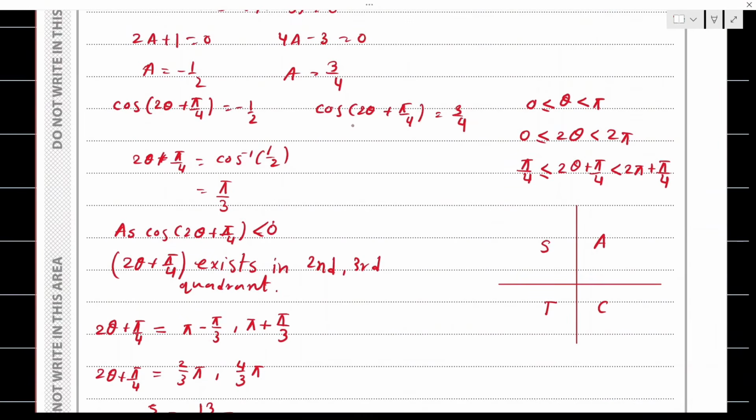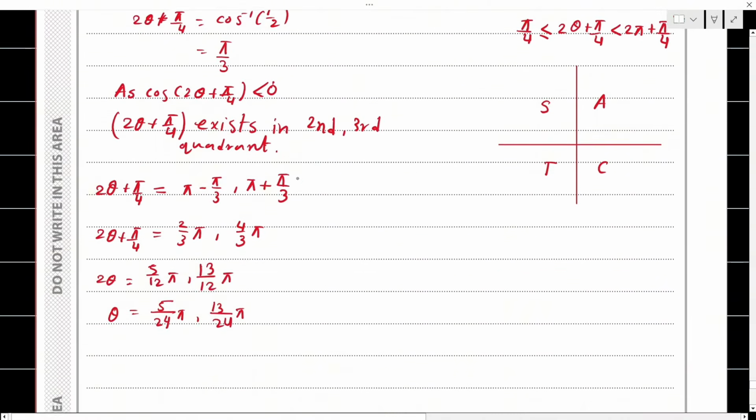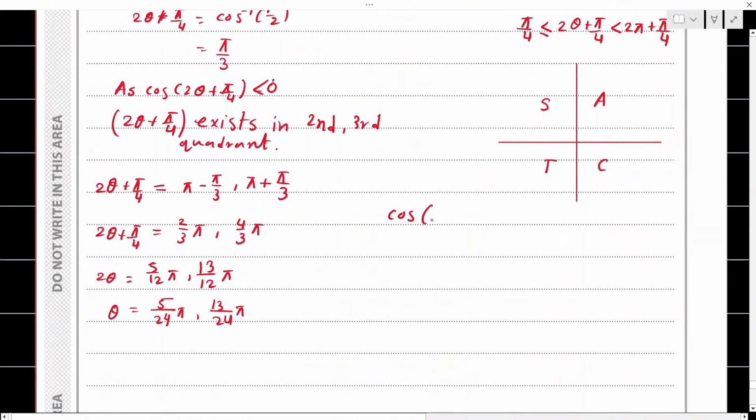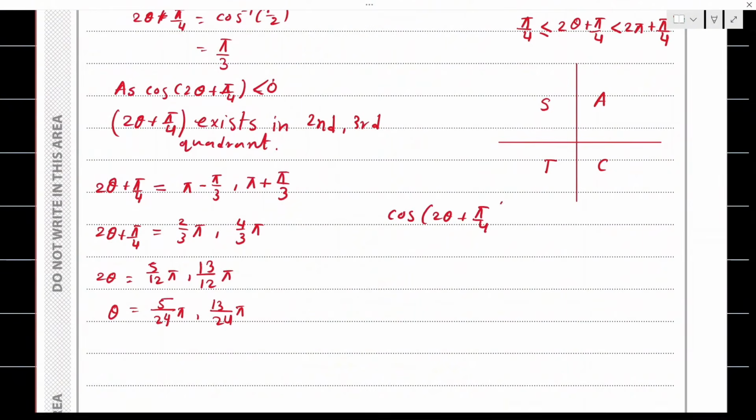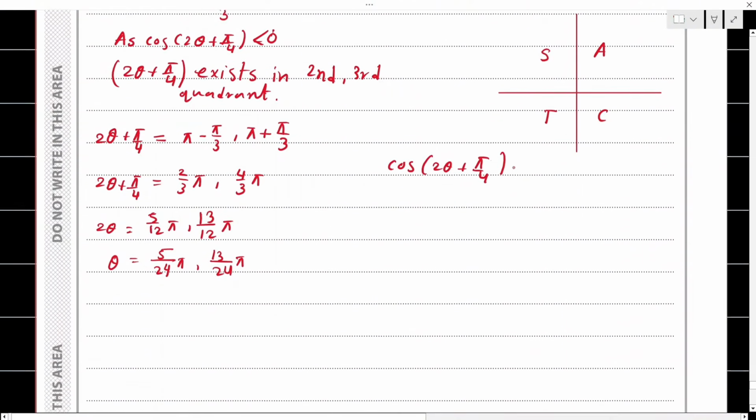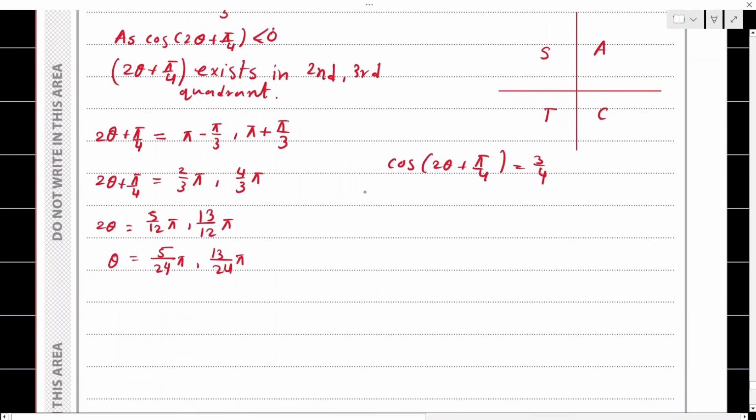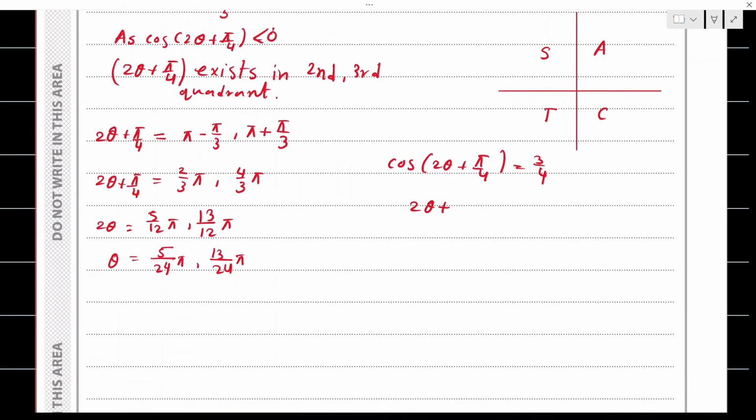Now for our second expression, we can solve it down here. So we can write that cos 2 theta plus pi by 4 is equal to 3 by 4, and we can find out the basic acute angle for this expression, which is cos inverse of 3 by 4, and this gives us 0.7227 as our basic acute angle.